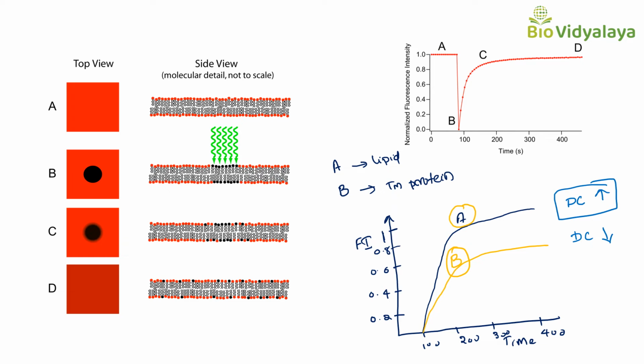That's why it reached the maximum fluorescent intensity very fast as compared to molecule B. So the diffusion speed of molecule A is more than molecule B.